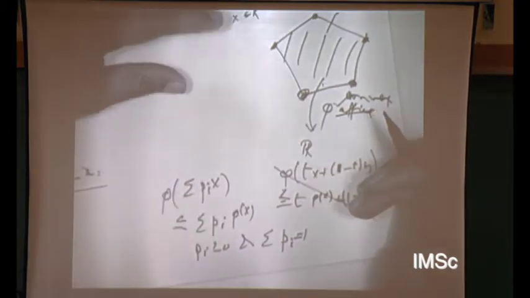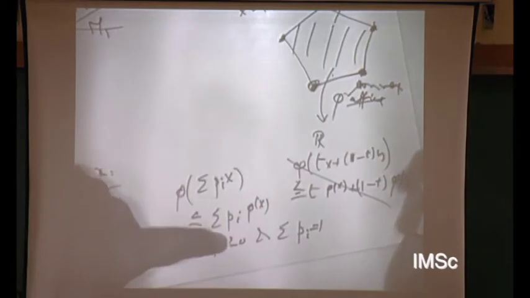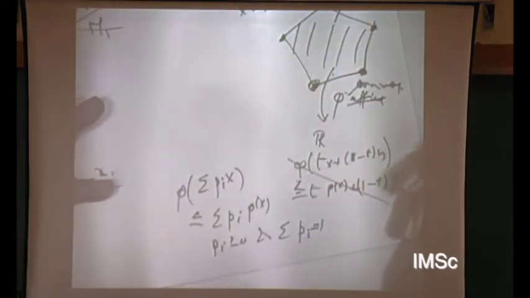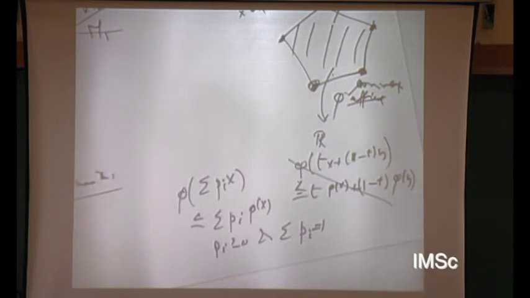So the maximum that phi can take anywhere inside the set, if phi is going to be convex, has to be only at one of these 5 points. So to find the maximum, it is enough to look at the maximum over those extreme points.